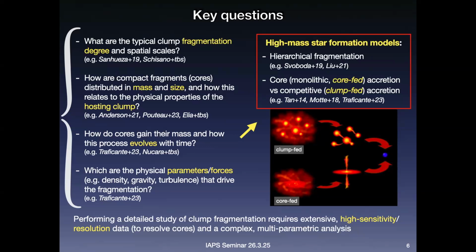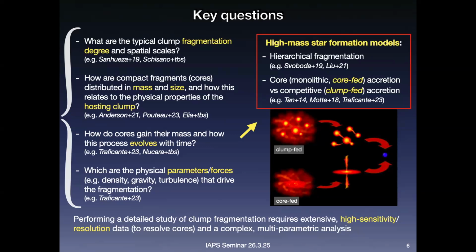And the two main models about massive star formation that were debated in the past years are the core-fed accretion model and the clump-fed accretion model, even if we have to say that in the past years, most of the research works provided hints towards a more likely clump-fed accretion in all its possible declinations. Of course, this is mostly a family of models. I report here just a small sketch to understand the main difference between these two models.